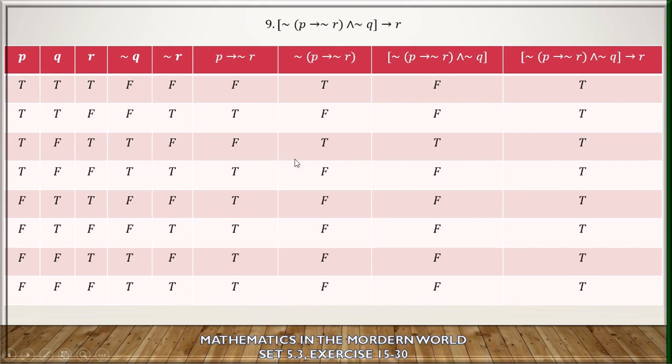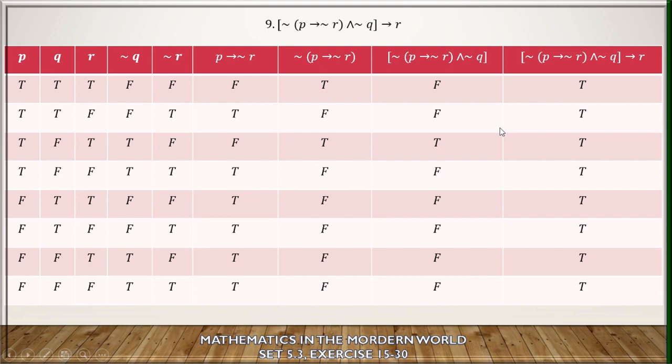False is false. True is true. False true is false. False is false. False is false. False true is false. False true is still false. So only the third row is true.